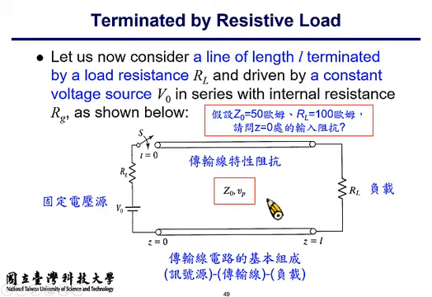So when the switch closes on, you will first have a signal going from left to right, labeled as V plus. And when it reaches the right end, you will produce another signal referred to as V minus, due to the mismatch in the impedance at the right end. And what happens when the V minus signal reaches the left-hand side?